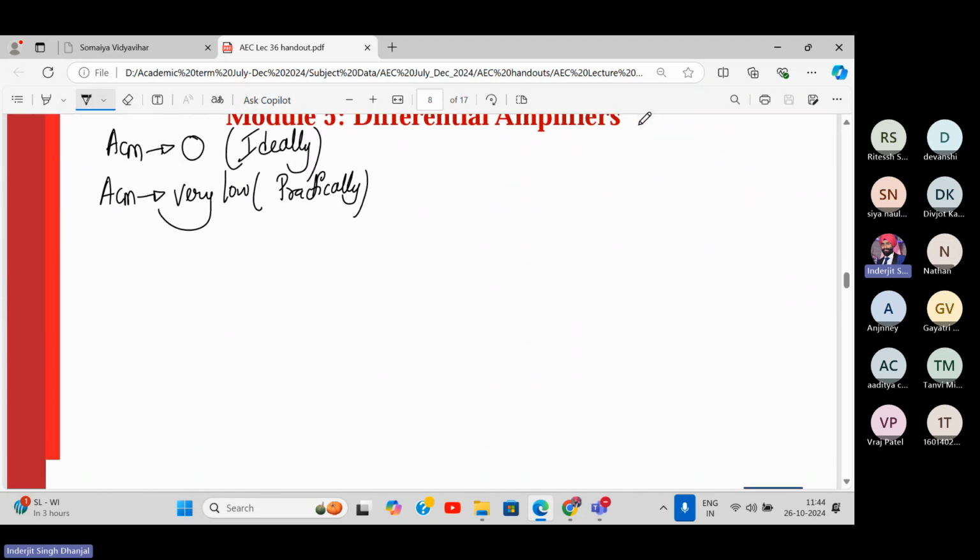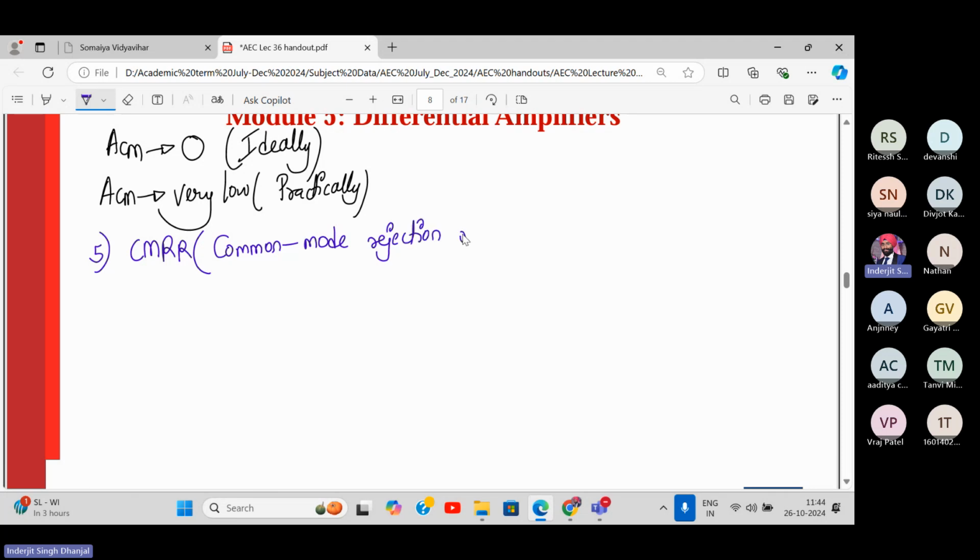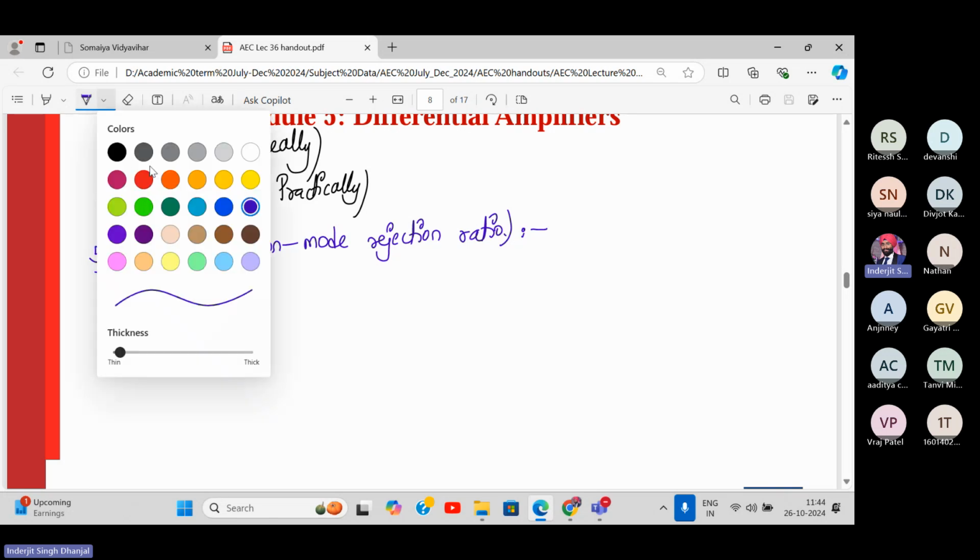Now let's go to the last definition, that is CMRR. It's an acronym for common mode rejection ratio. CMRR is also called as common mode rejection ratio. Let's write down the definition.